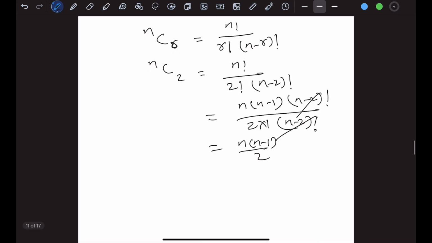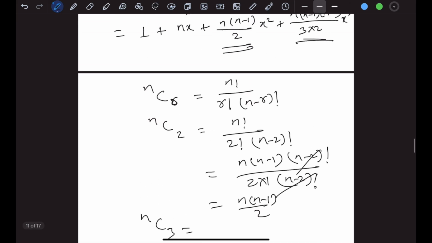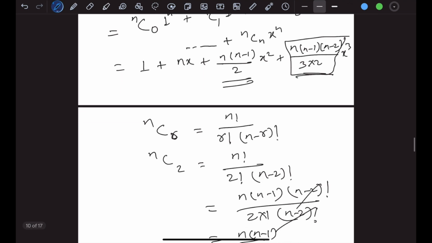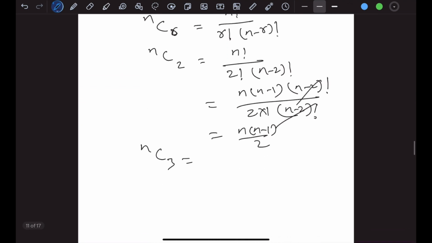Now what is nC3? Similarly, nC3, which is from this term, nC3 x cube. Similarly, if we do this, we will get n into n minus 1 into n minus 2 by 3 into 2 into x cube.